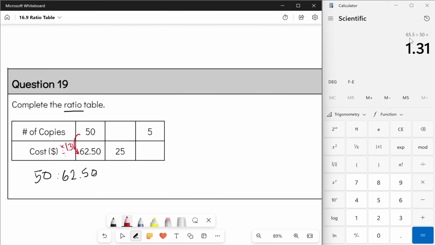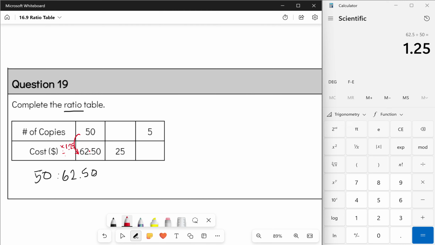Oh, you know what? I did that wrong. I typed 65.5. It should be 62.5. Let's do that again. 62.5 divided by 50. Put in my correct numbers this time. That looks better. 1.25.